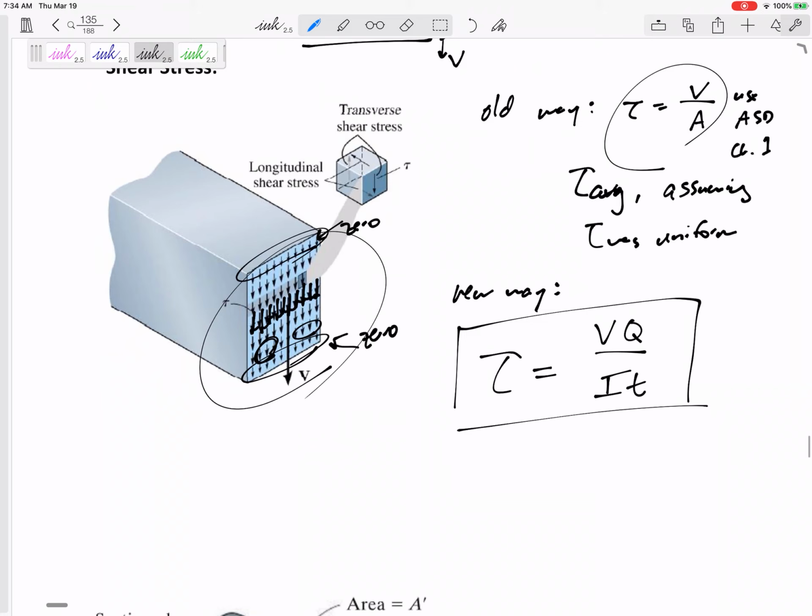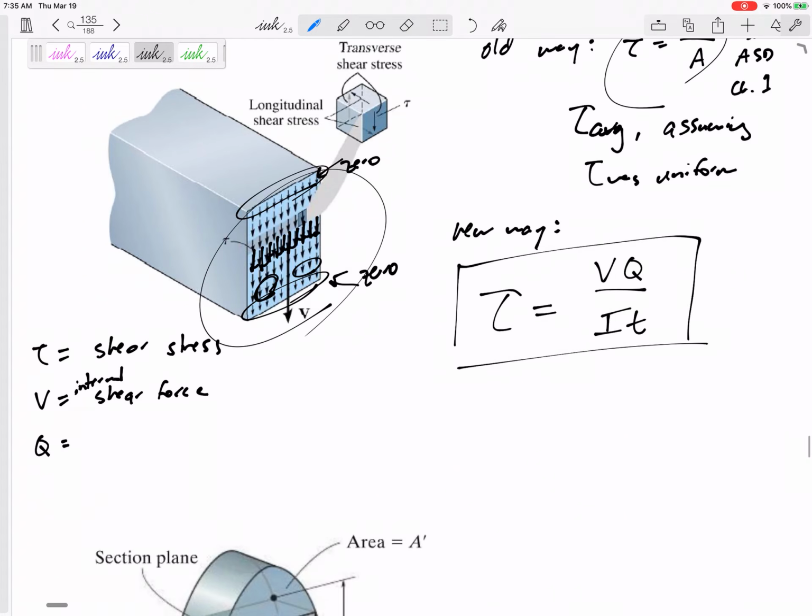VQ over IT. So let's just kind of write some definitions. Tau, of course, is the shear stress. V is the shear force. The internal shear force. Whatever, if you cut it right there, what's the shear force at that location?